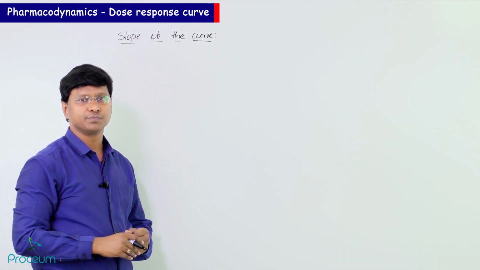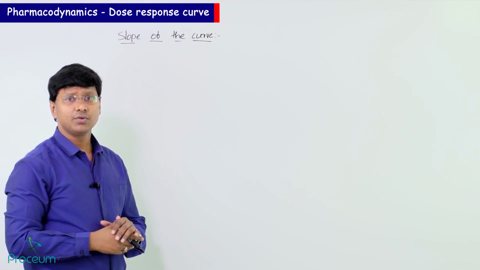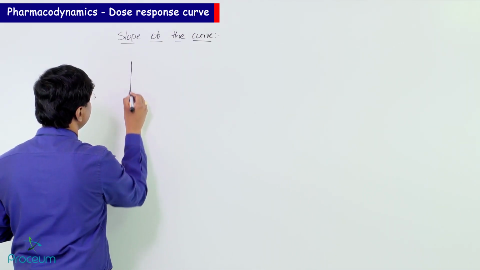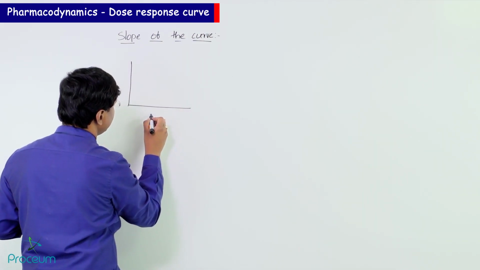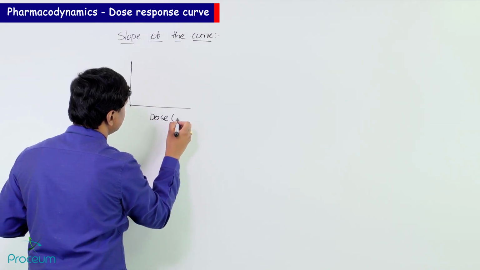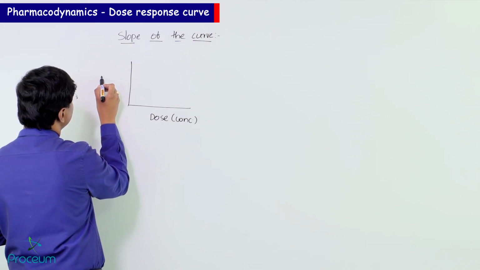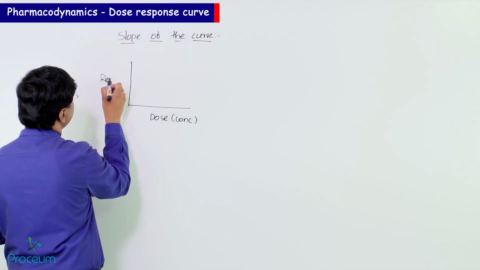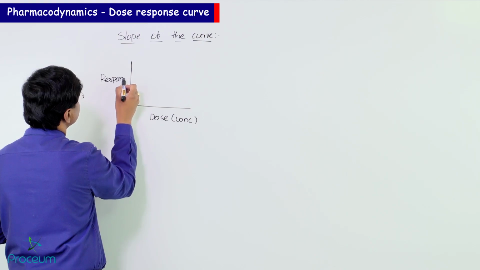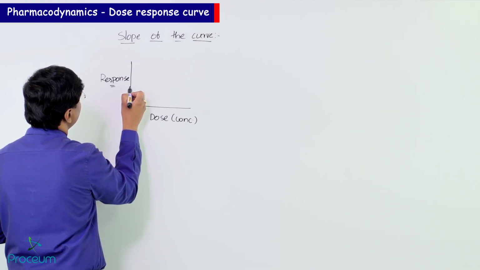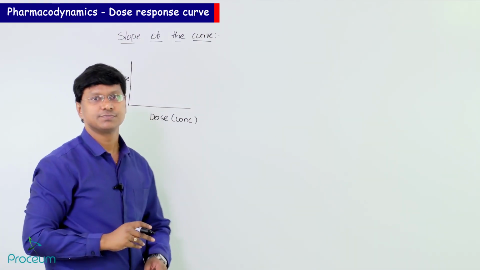Now let me take up the slope. What do we have in that particular graph? The dose or the concentration of the drug on the x-axis, and on the y-axis we have the response.